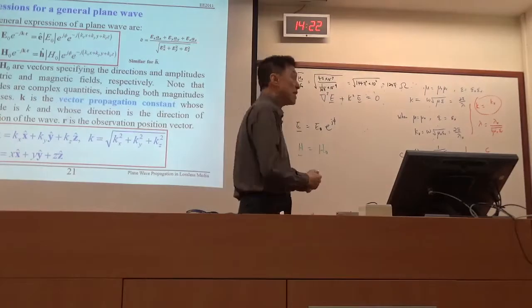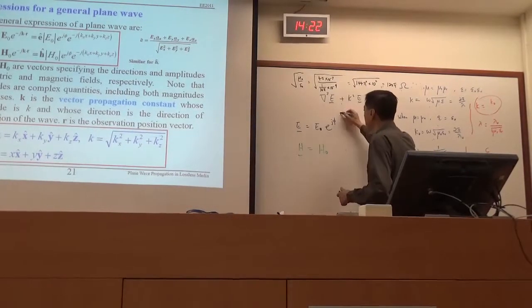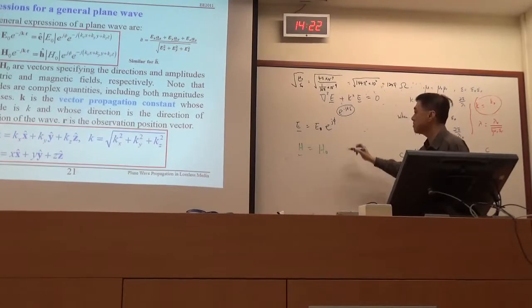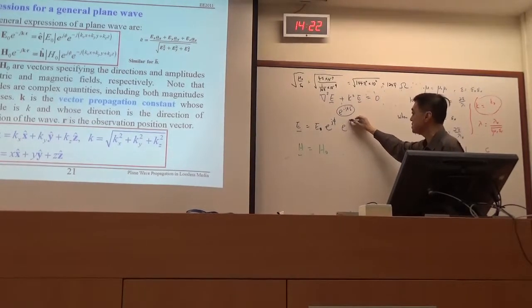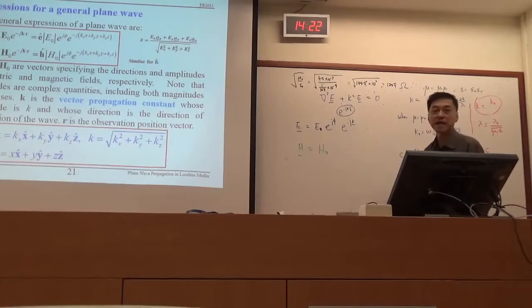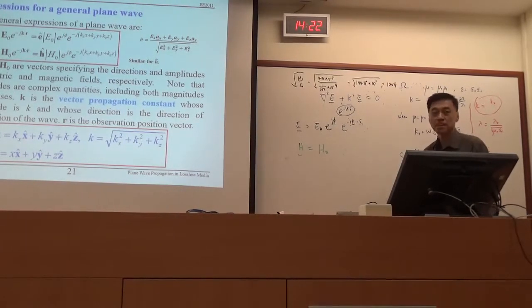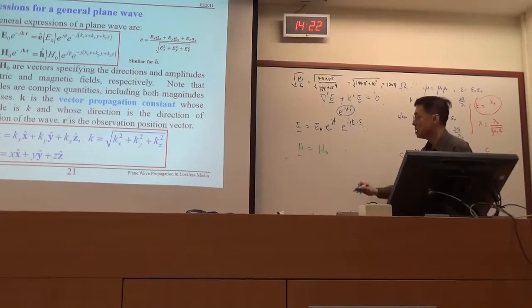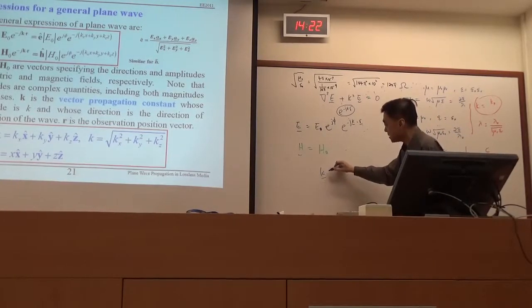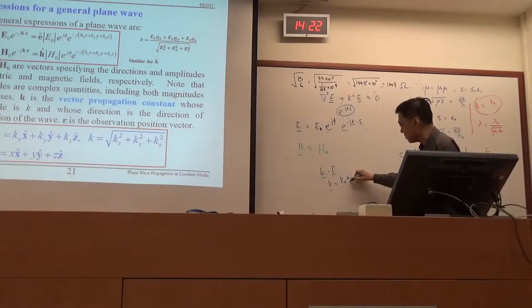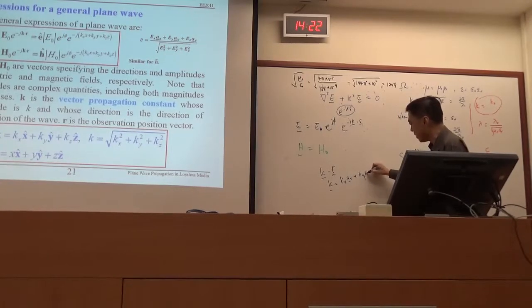Alright. Now then, just now I have the E to the minus j k z, right? Now I replace it as E to the minus j k dot r. Remember, k is a vector. K dot r, what does it mean? K is equal to kx ax plus ky ay plus kz az.